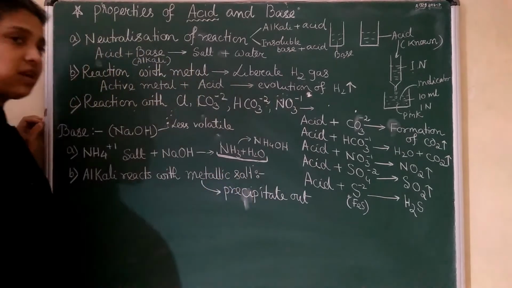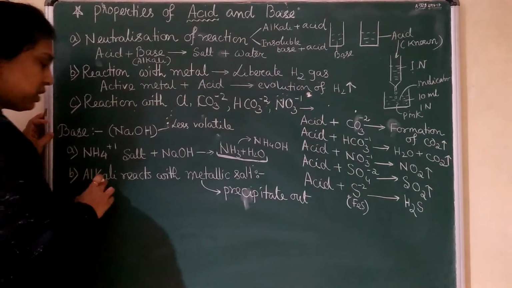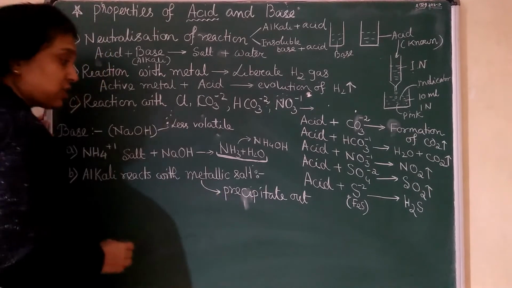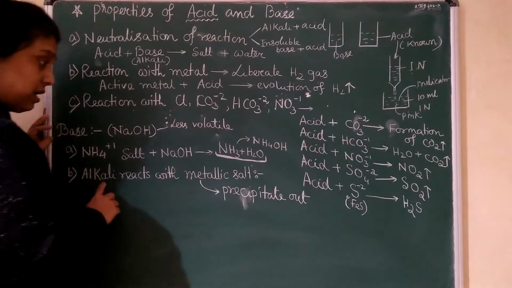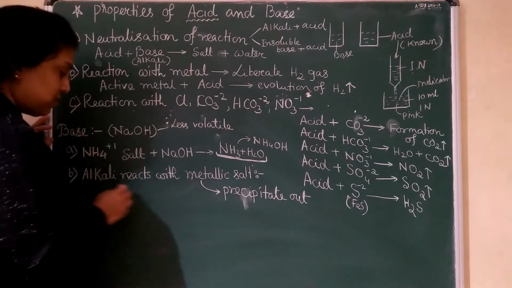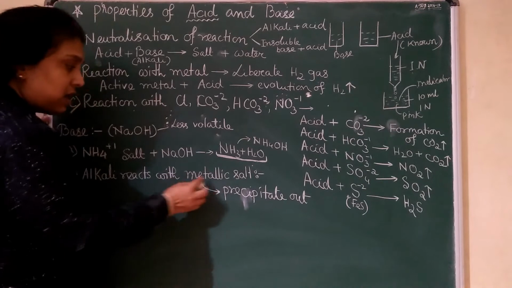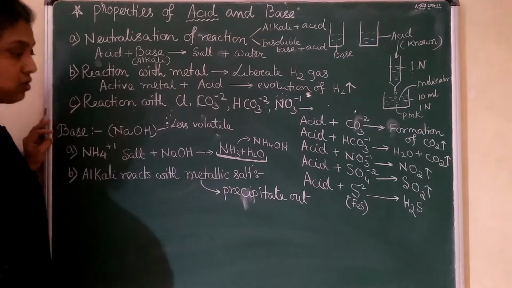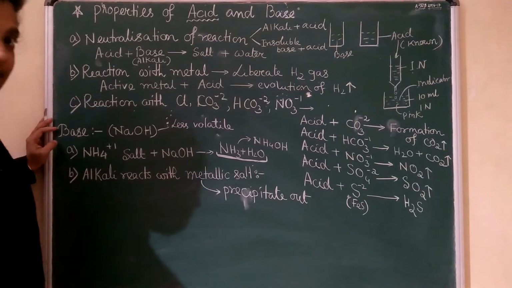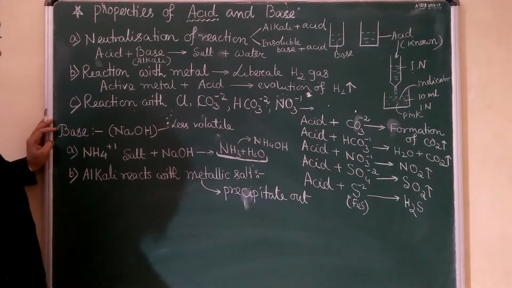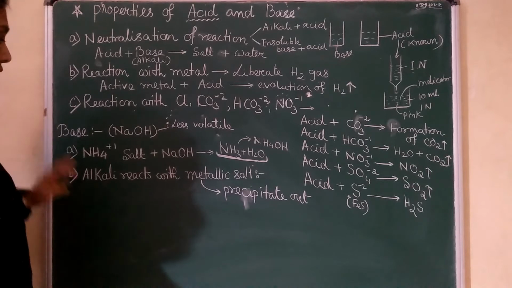It is a displacement reaction, but when alkali reacts with this metallic salt, that metal will be precipitated out. That's why I say this is a double displacement reaction.